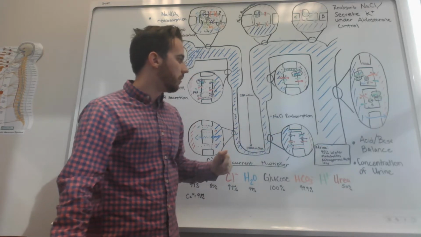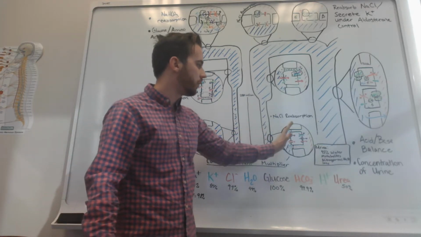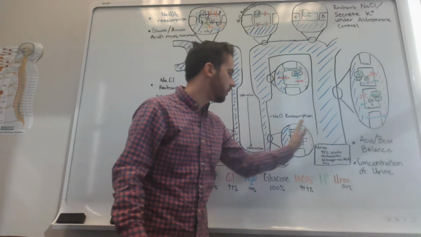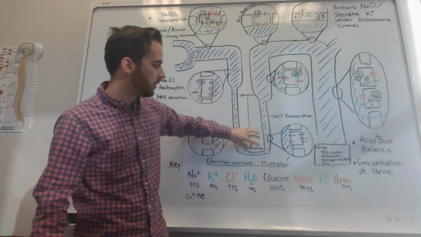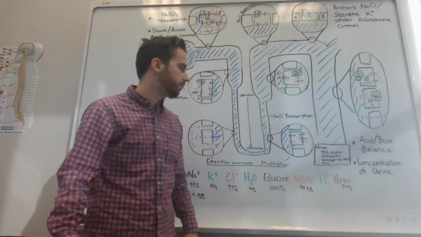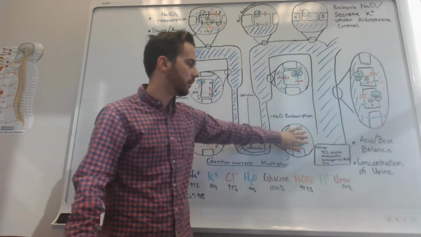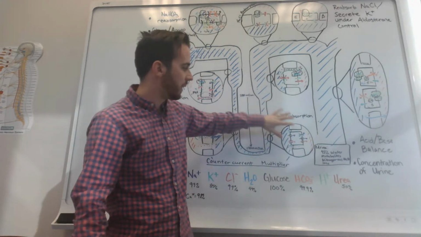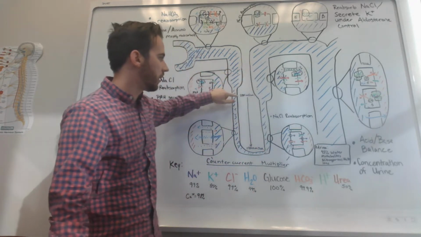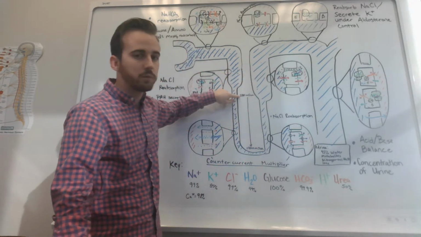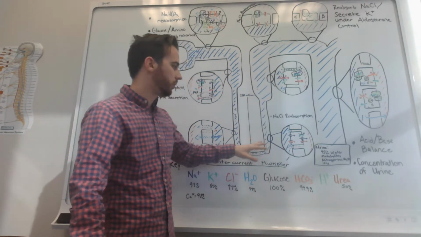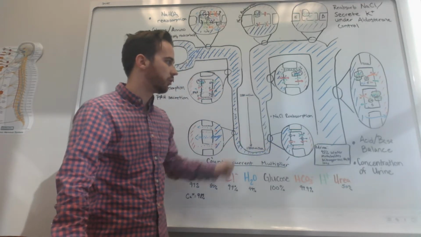Okay, since it's not permeable to water, it's only permeable to solutes. What ends up happening is the solutes are going to move from this highly concentrated area down here back into the interstitial space, right, to try and maintain that osmolality, and we end up with a gradient from 280 milliosmoles all the way down to 1,200 milliosmoles down in this section, okay?